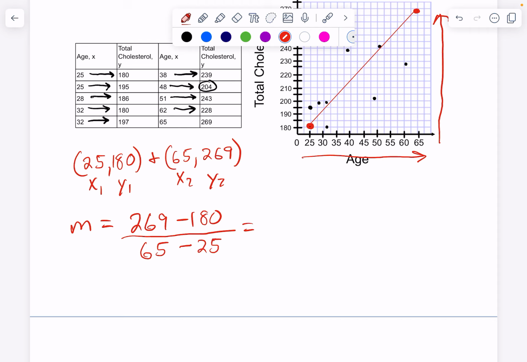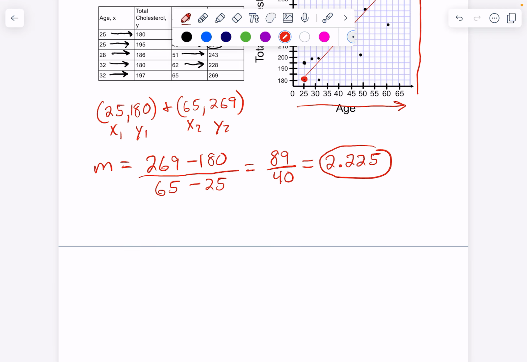And we have 269 minus 180. That's going to give us 89 over 65 minus 25 is 40. And for these kinds of real life situations, you can and should turn it into a decimal. So my slope here will be 2.225. Okay?